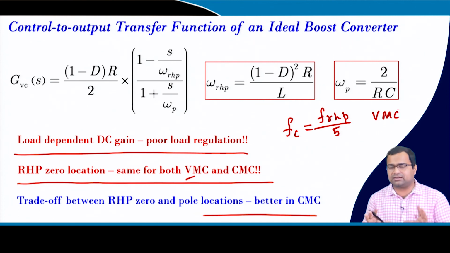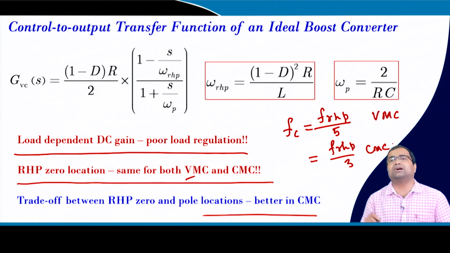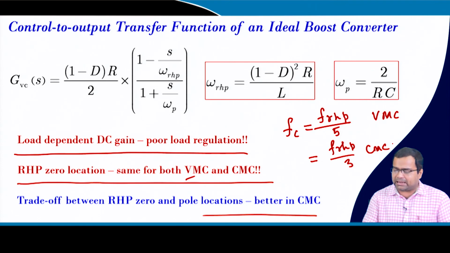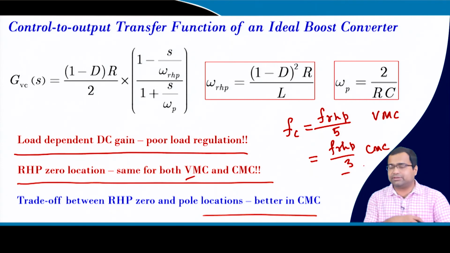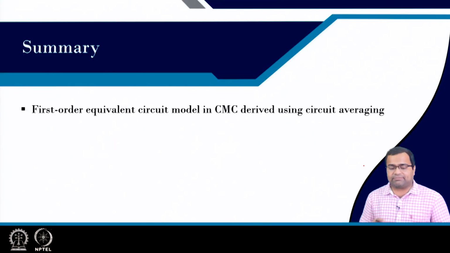This is a standard kind of thumb rule, but we will come to why it is so through our analytical design process for a conservative design, whereas in current mode control FRHP by 3 may be a reasonable choice, and that also will come through the analytical design process for a boost converter. So, we can get a better trade off or bandwidth using current mode control, but it cannot get rid of the RHP zero behavior.